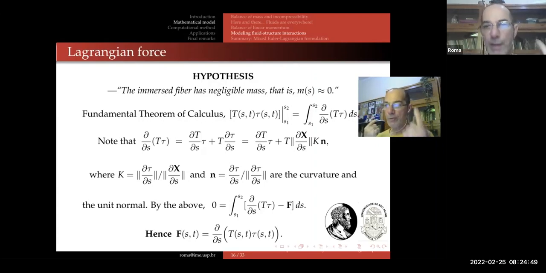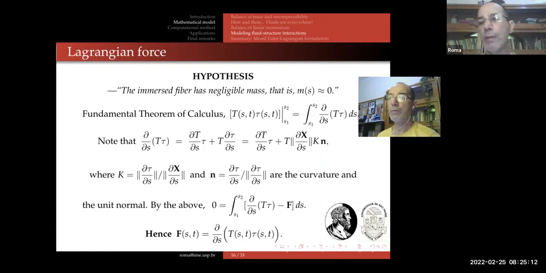Okay, so this is just part of the story that I want to tell. Now, this is the force on the fiber, but now the fluid itself has to perceive, has to suffer the action of this force.